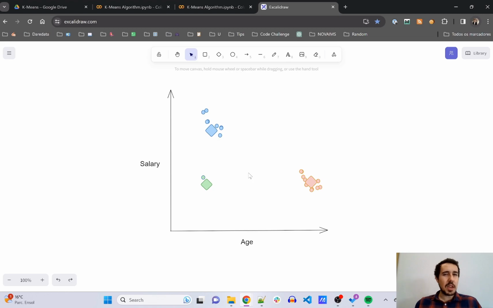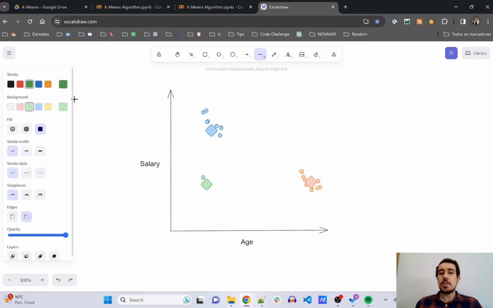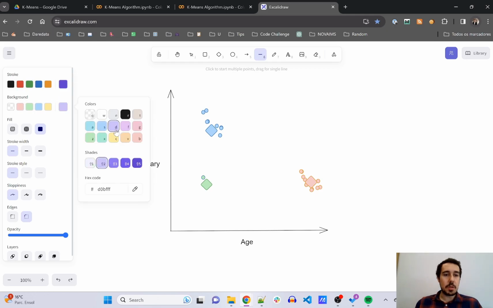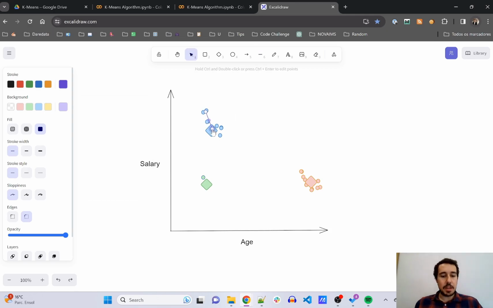Now, how do we find k? We started with k equals 2. Is that the optimum k to use? Well, we don't know what's the optimum k to use, but we can have a rule of thumb to define it. One of the things that we can do to classify this solution is just calculate, and let me choose another color, probably purple. So the solution is classified by the distance of every data point to its centroid. So we can pick up all these lines, right?